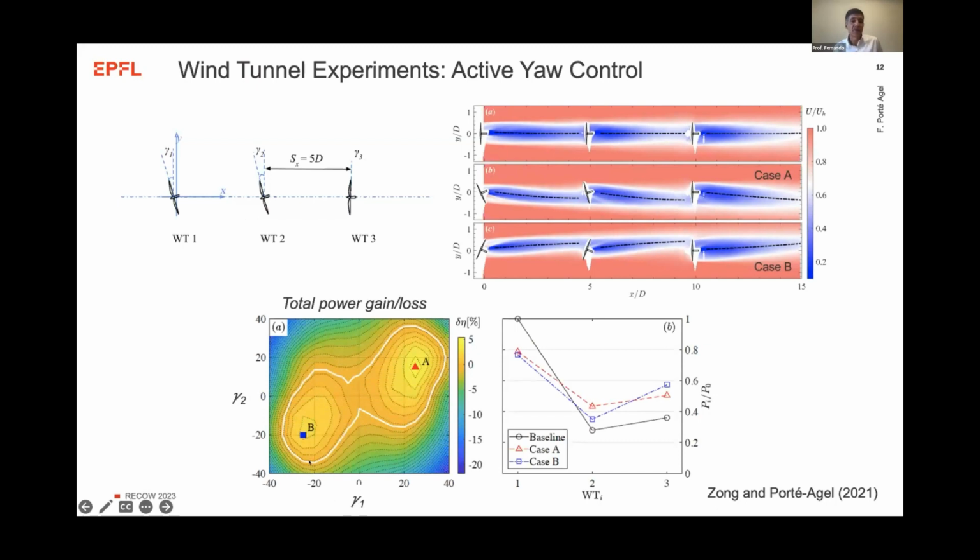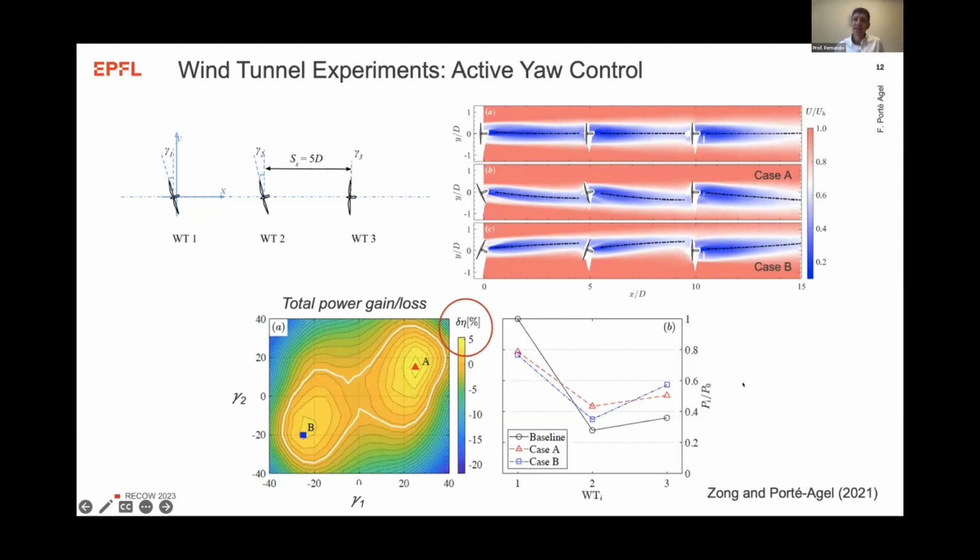And we found that there are two optima, where more or less you need to use an angle of about 20 degrees in each turbine, and you achieve a 5% increase in overall power. Of course, the first turbine loses power, and then the second and third increase in power.